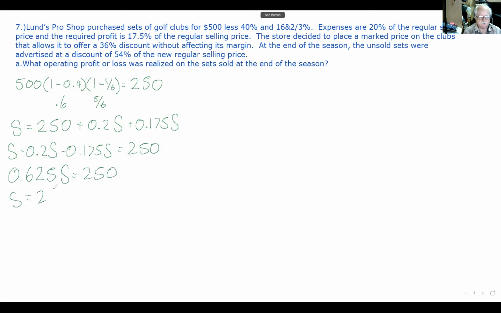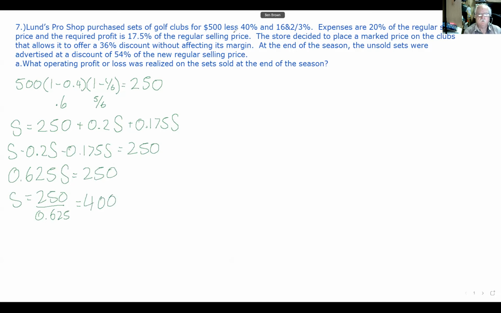So S equals 250 divided by 0.625. And I don't know what that is, but I'm being told it's 400. 250 divided by 0.625. And indeed, I agree now, it is 400.